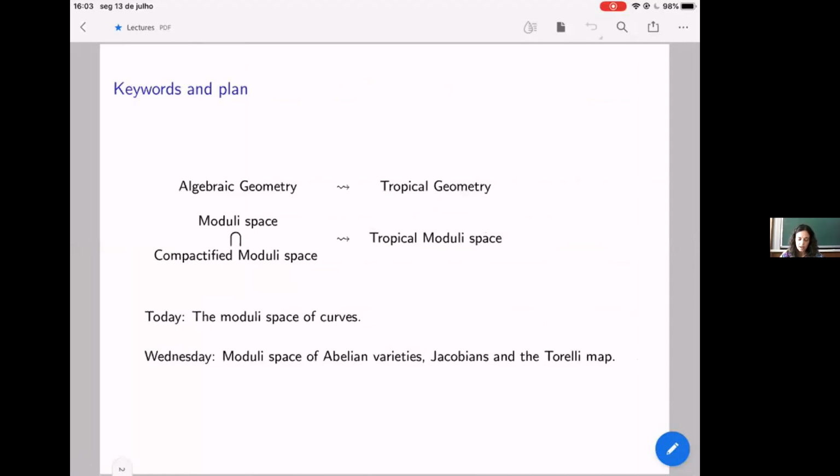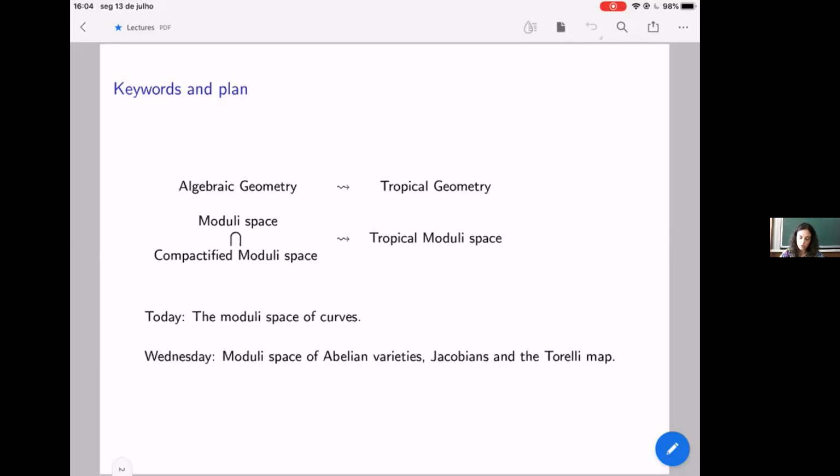I am an algebraic geometer who works mostly in moduli spaces, and I like to see compactifications of moduli spaces, and you can see the list of my favorite ones here in the slide.